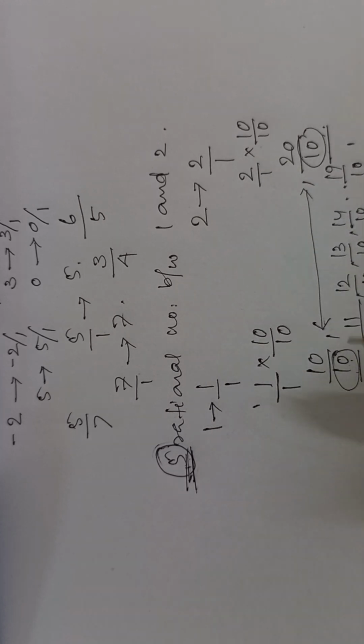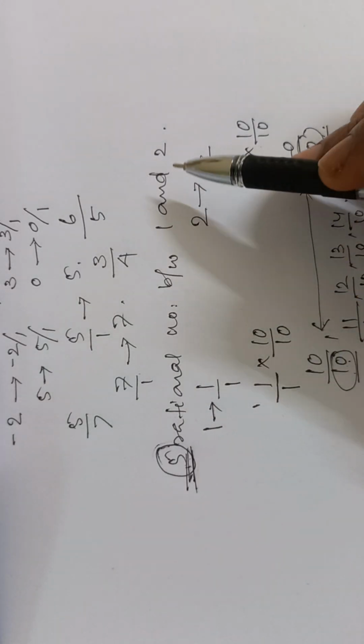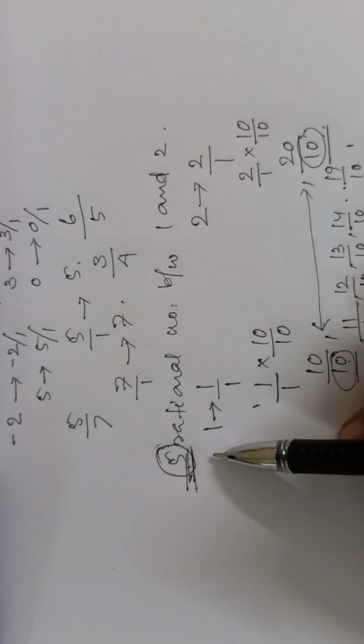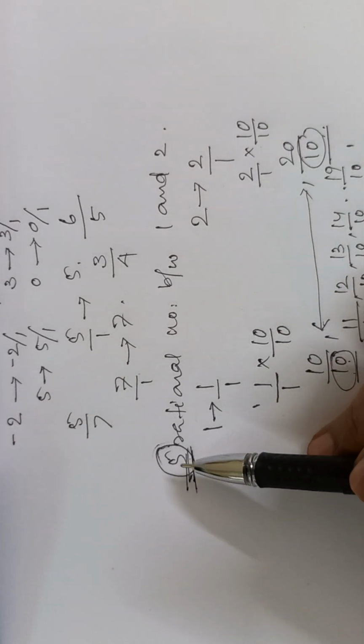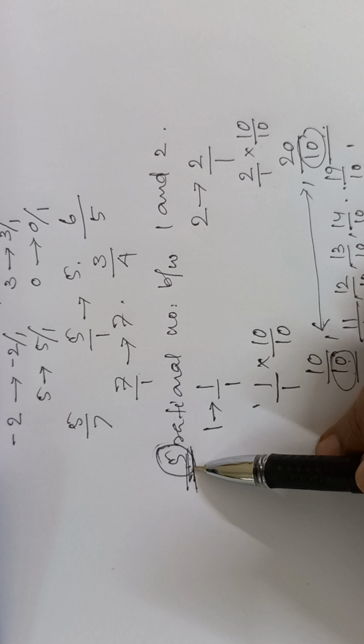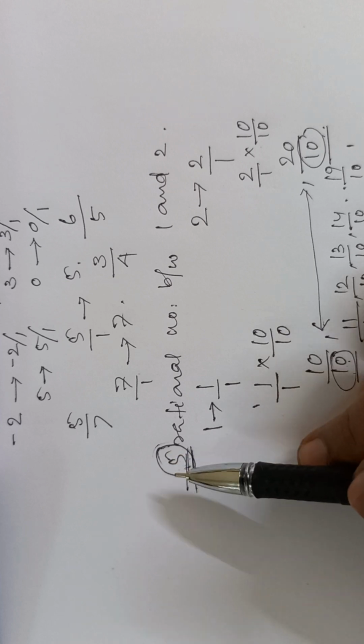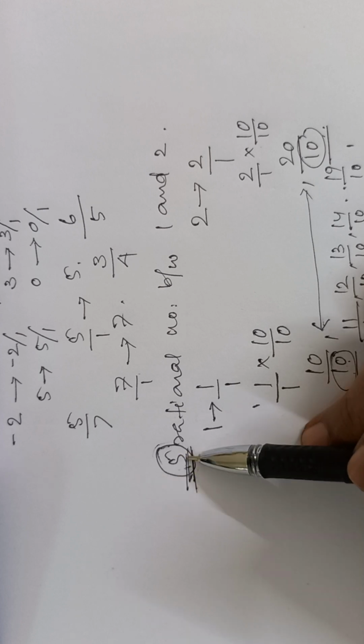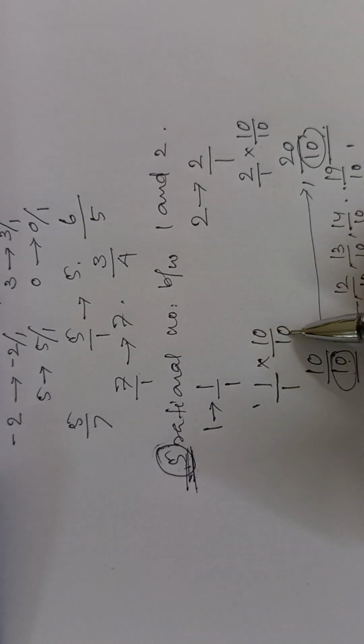Just keep in mind that you have to select a number greater than the count of numbers you have to find. Here you have to find 5 rational numbers, so you can take any number greater than 5. Multiply the numerator and denominator, then you will get two rational numbers with the same denominator. Then you can write the numbers in between them.